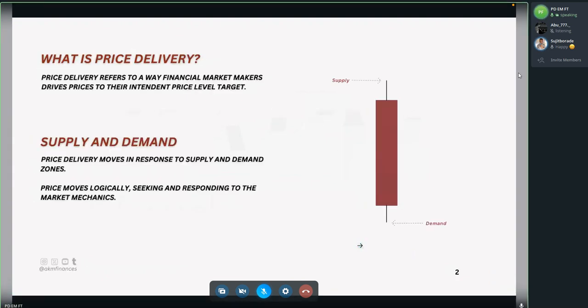So, what is price delivery? Price delivery refers to the way the financial market moves prices in price levels. Let's do it practically.